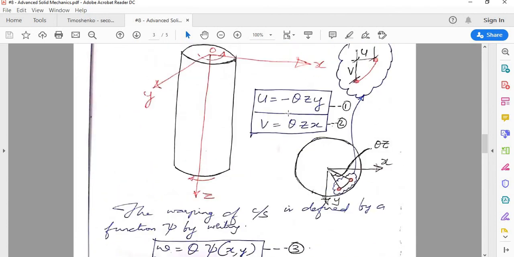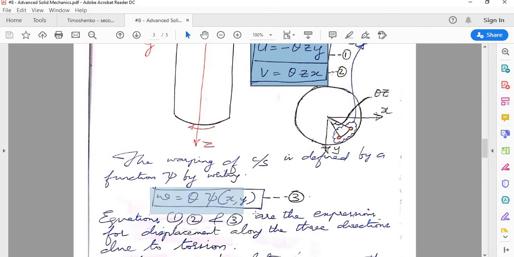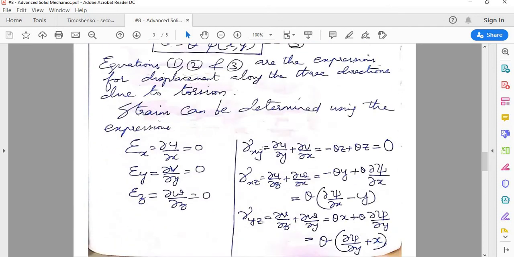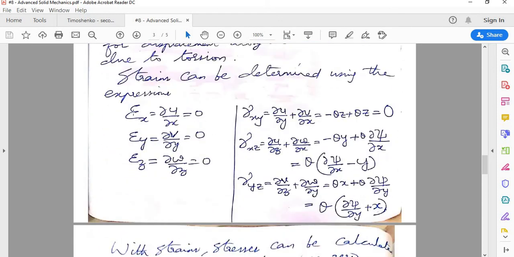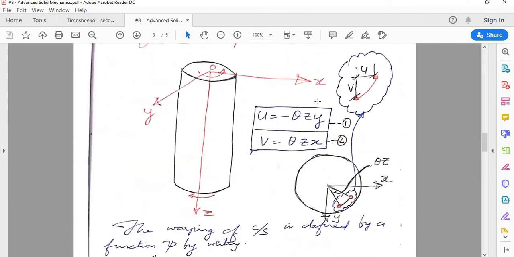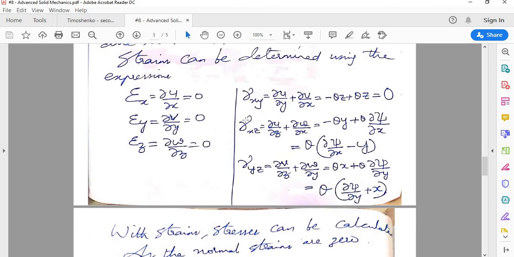You have u, v and w as general functions of x, y, z, so you can find out these strains. It happens that epsilon x, epsilon y and epsilon z are 0. Gamma xy also is 0 due to mutual cancellation, and the only non-zero terms are gamma xz and gamma yz.